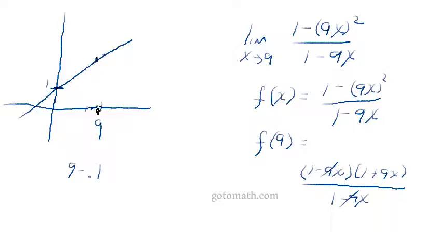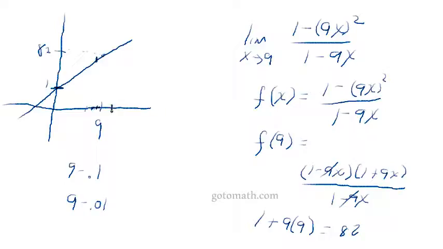And of course we get closer and closer to 9, plug each number into the function, and find out what our y value is, and so forth. Now if I were to plug in 1 plus 9 times 9, that looks like 82. So as we get closer and closer, as you can see coming in from the left, our y value should be getting closer and closer to 82.